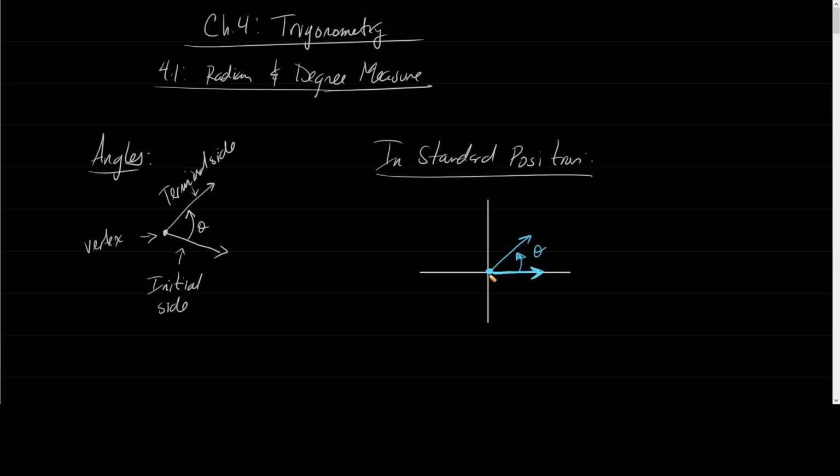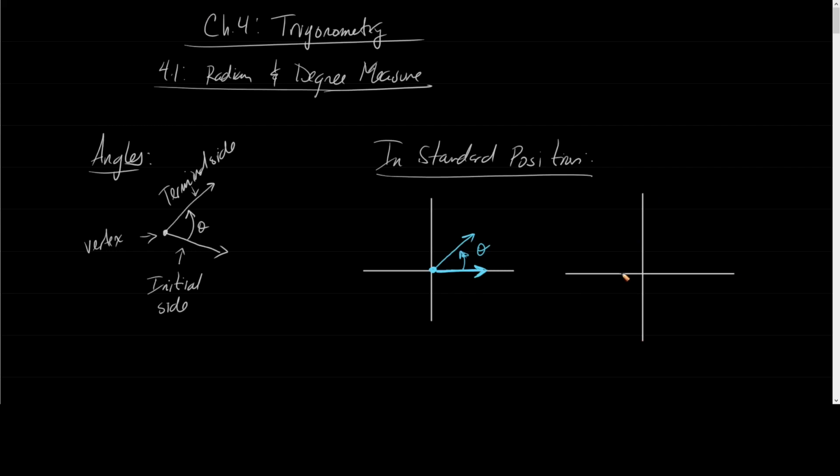Again, it doesn't necessarily have to end here in the first quadrant. Let me quickly show another possibility for an angle. Remember, our vertex is at the origin and our initial side is over here, and we've got this angle theta.